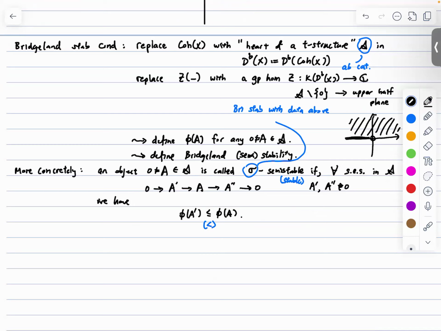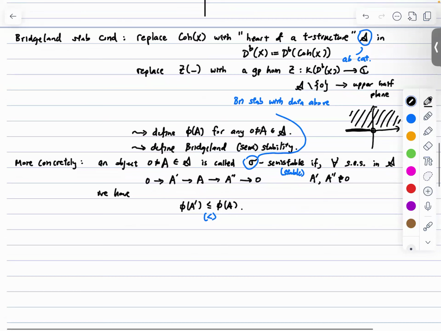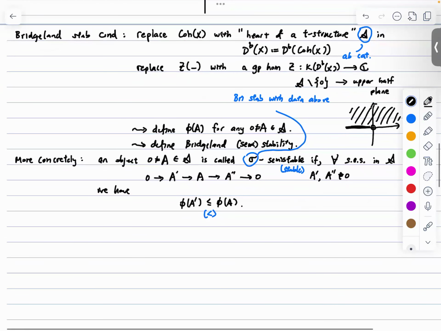So if it's okay, I'll write down some examples of Bridgeland stability conditions on surfaces and move on to the next part of the talk. Okay. So here are some concrete examples of Bridgeland stability conditions on surfaces.